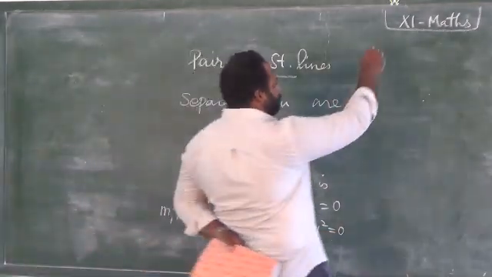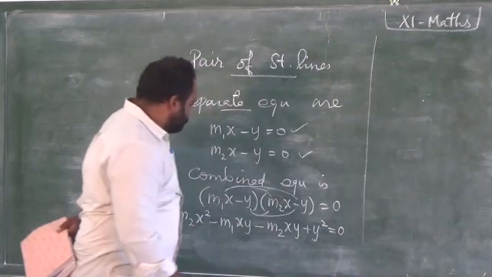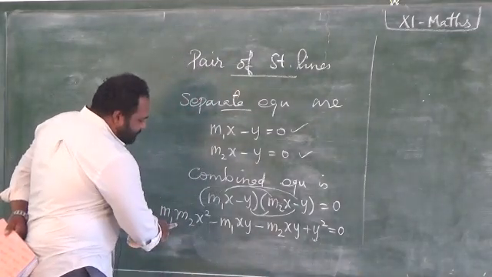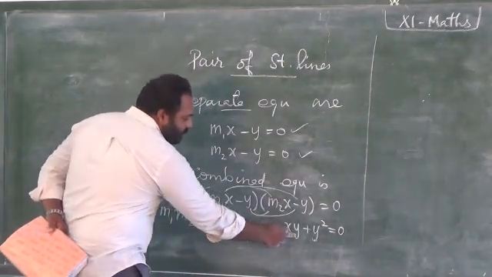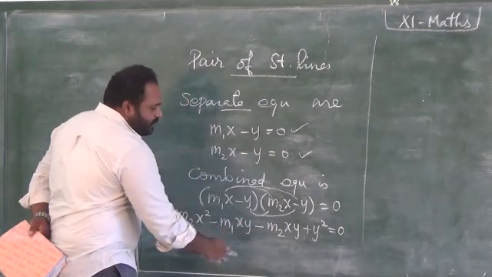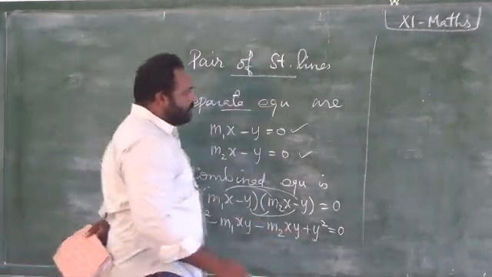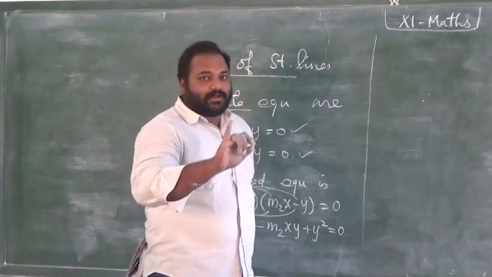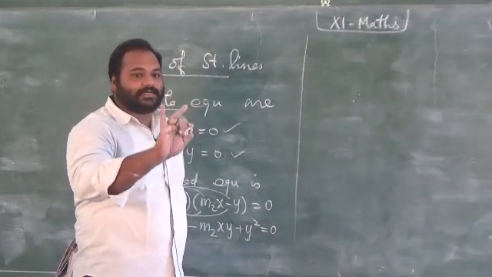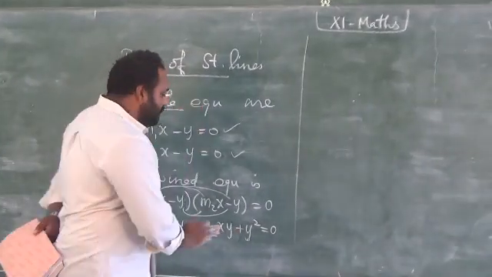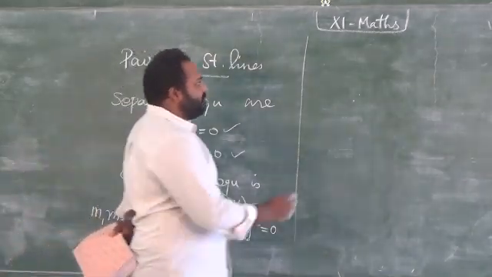Now we have some more simplification. This is the x square term, this is the xy term. We have two terms in xy, then the y square term. So we write the x square term, then the xy term, then the y square term. This is the general form of a pair of straight lines.